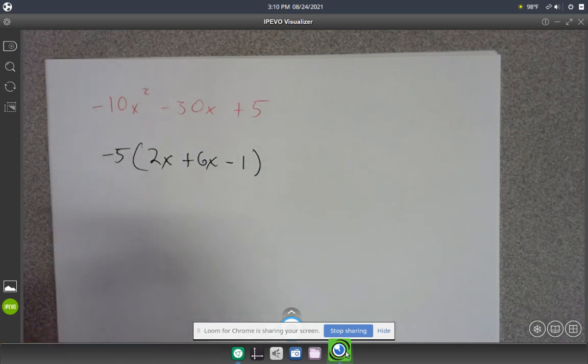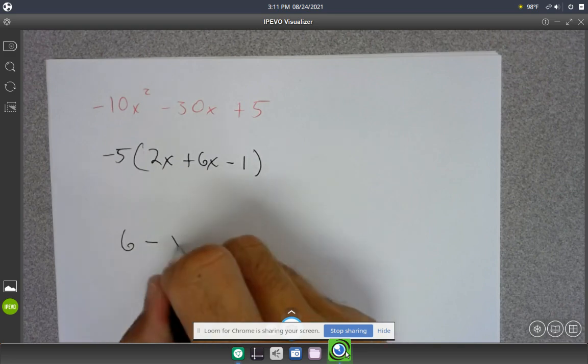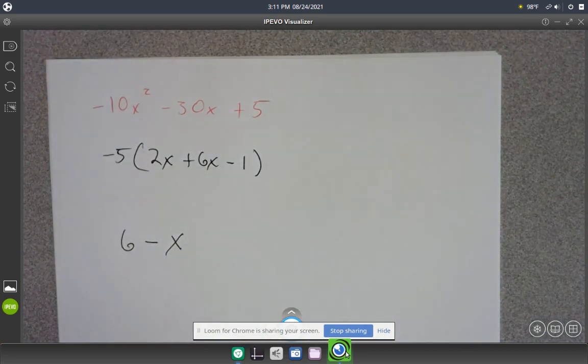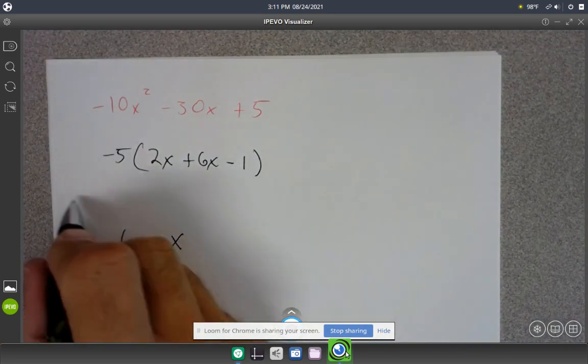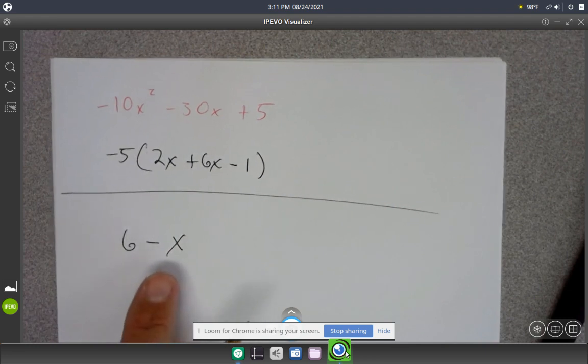Now, sometimes you'll have to do this. It's kind of a special case scenario. But if they want you to factor just 6 minus x, let's say this is what we're factoring. Well, there's nothing in common, but the leading term here is actually this negative x, and we don't want to leave it as a negative.